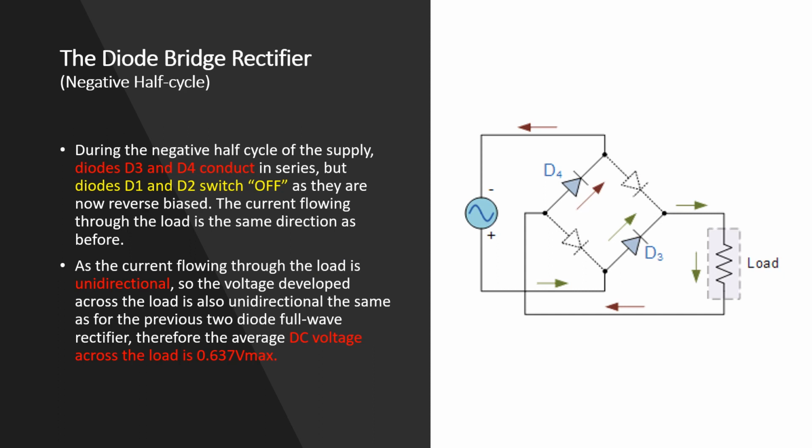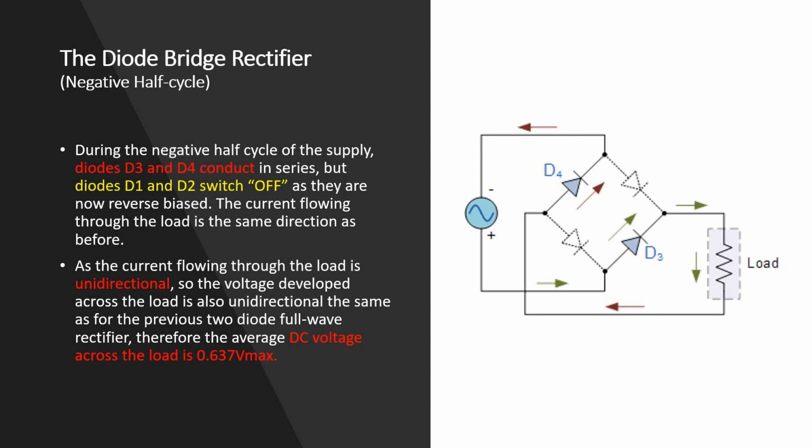Now in the negative half cycle of the supply, diodes D3 and D4 conduct in series, but diodes D1 and D2 switch off as they are now reverse biased.